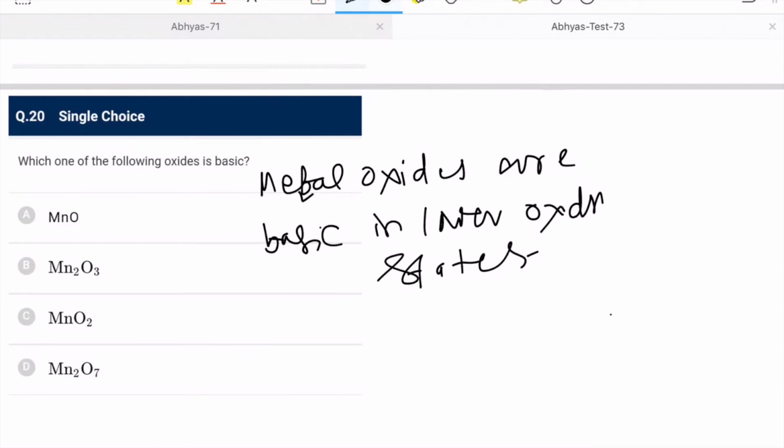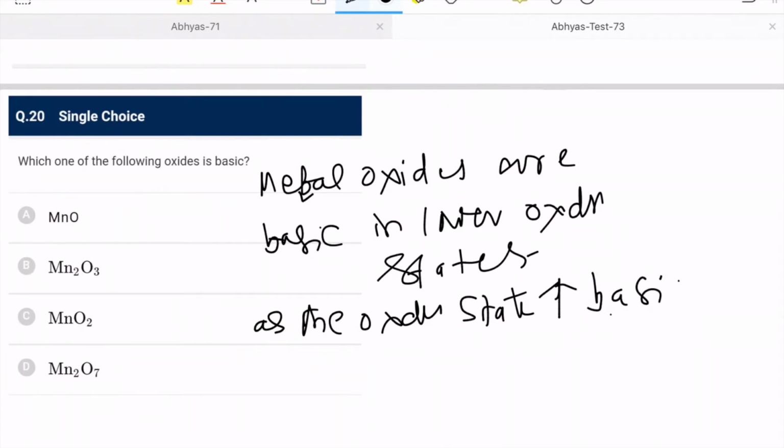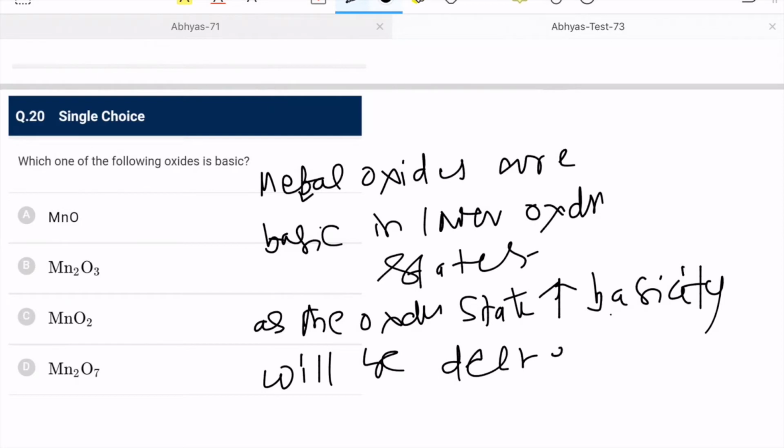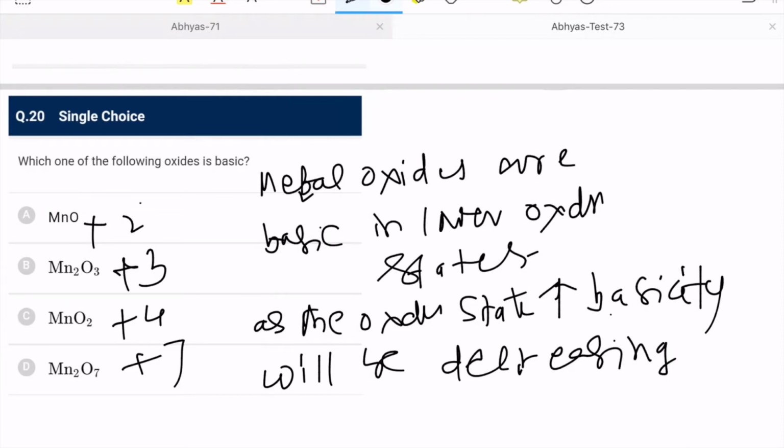As the oxidation state increases, basicity decreases. Here we can check, this one is +2 state, +3 is there, here +4 is there, +7 is there. So the lower oxidation state is the correct option.